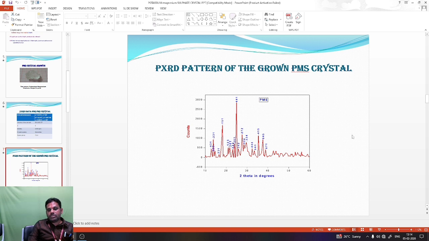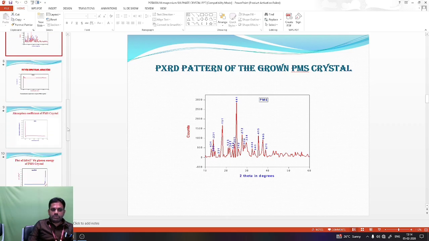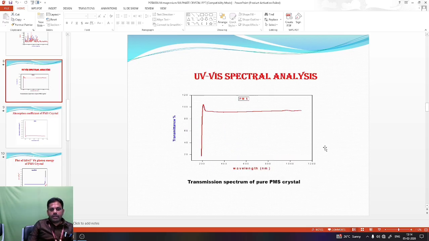These peaks correspond to the PMS crystal system. So definitely the grown crystal is the PMS system, potassium magnesium sulfate crystals. And now here is the UV-Vis spectral analysis, around the value of UV light at 200 nanometers.